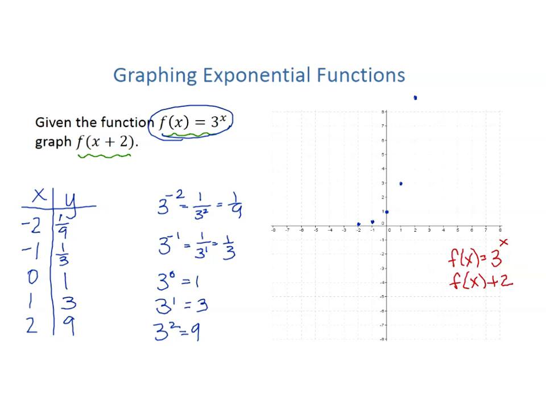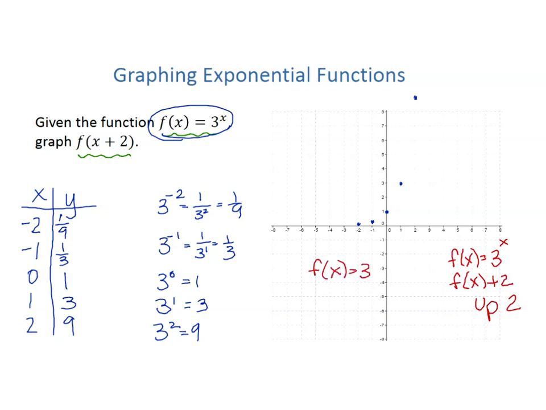So here's our f of x. If I take f of x and I add 2 to it, then that means I'm putting a +2 here at the end. And that would mean that I'm shifting it up 2. If it were -2, I would be shifting it down 2.